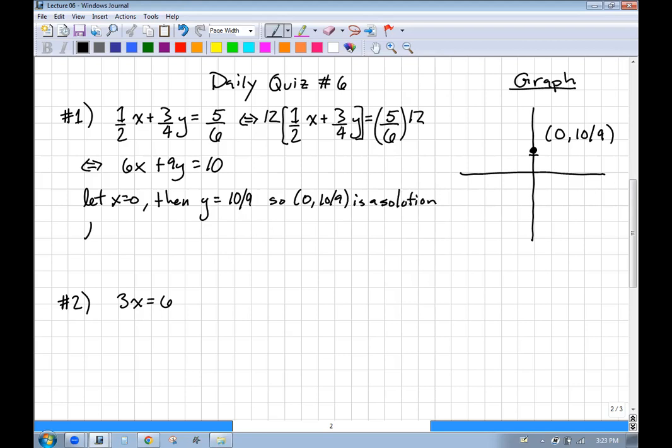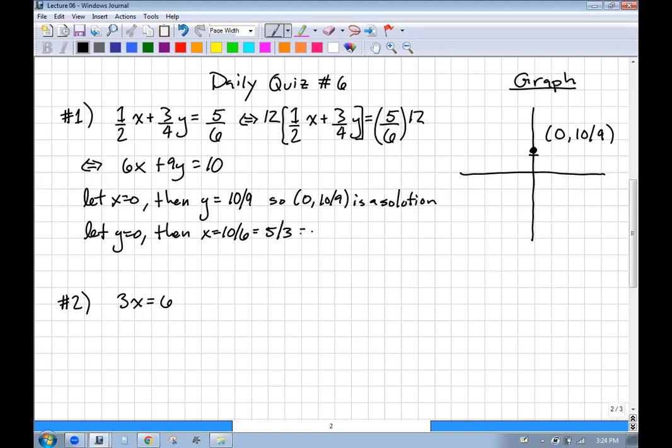And if I let y be 0, then x is 10/6, right? Which we could simplify. If we divide the top and the bottom by 2, that'll be 5/3, right?